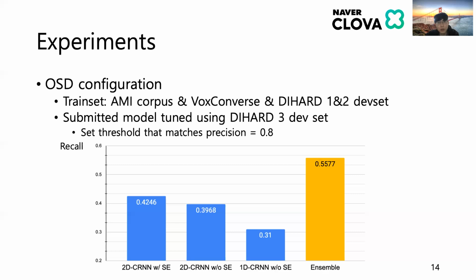We tuned the threshold of each model to get a precision of 0.8. This graph shows the results of our three individual models and their score-level ensemble. The ensemble model demonstrates a recall of 0.55 on the DIHARD 3 development set.